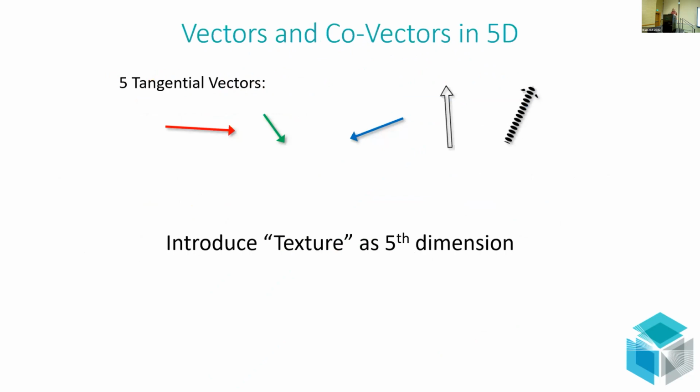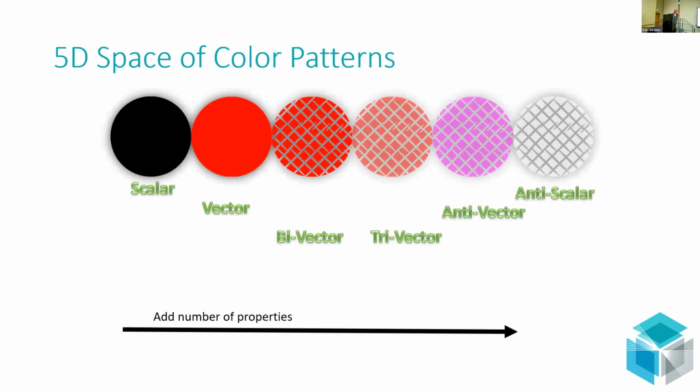And here the idea is to use the texture as a 5th dimension. So we have red, green, blue, basic colors, transparency, and a texture property. This defines 5 dimensions. It defines a 5-dimensional space of color patterns. We're just getting higher-dimensional basis plates by adding properties.